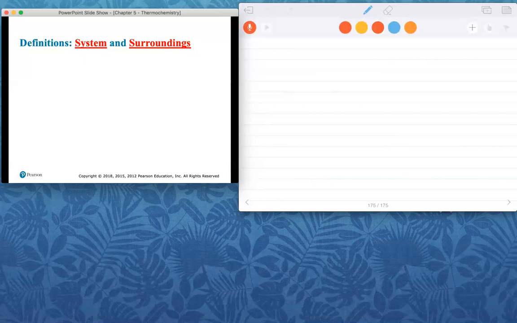Where the reaction is taking place is called the system. The surrounding, like the lab, is called the surrounding, and then there is the universe. I will simplify this so that you understand what that means before we look in detail. This is the system where your reaction is taking place.